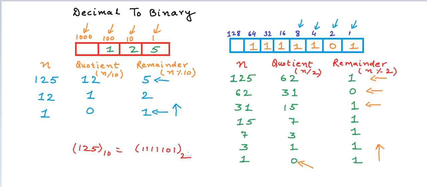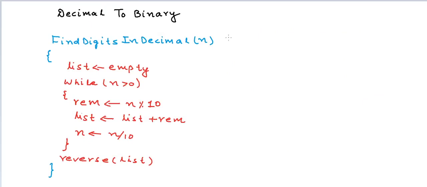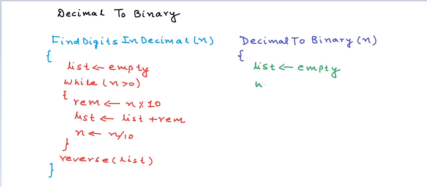Now let's quickly write a program for this as well. The program is pretty similar to finding the digits in decimal, except that this time we are finding the digits in binary. So we'll say, find digits in binary. Or if it suits you better, we will rename the method as decimal to binary. So we will again start with an empty list and try to fill this up with the digits in the binary form.